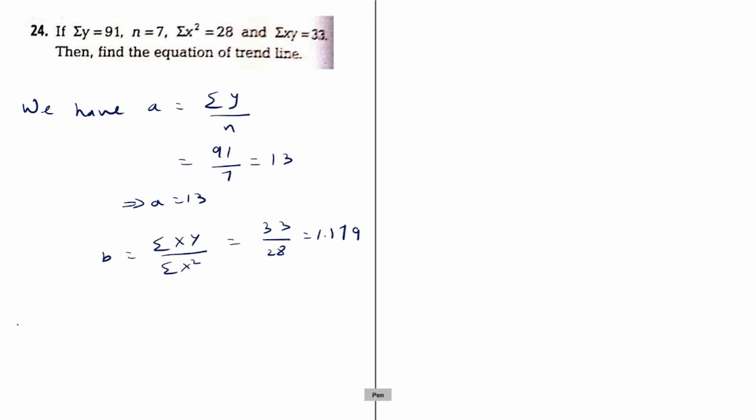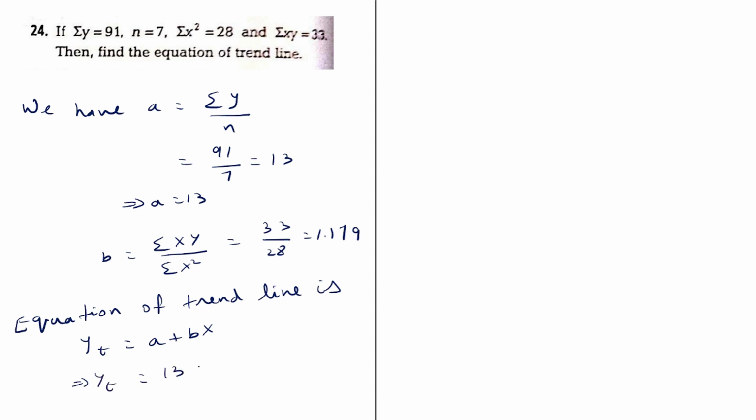Equation of trend line is given by yt equal to a plus bx. This implies yt equal to 13 plus 1.179 into x. So this is the equation of the trend line. This is a question for 2 marks.